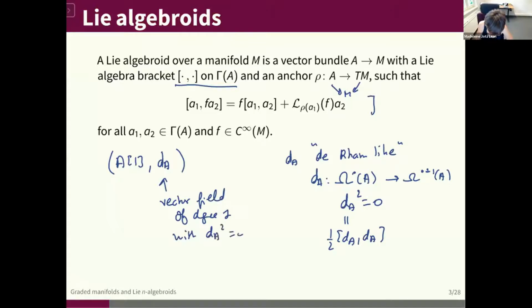That's a homological vector field. So a Lie algebroid can be understood as a 1-manifold equipped with a homological vector field, a vector field of degree 1 that squares to 0.